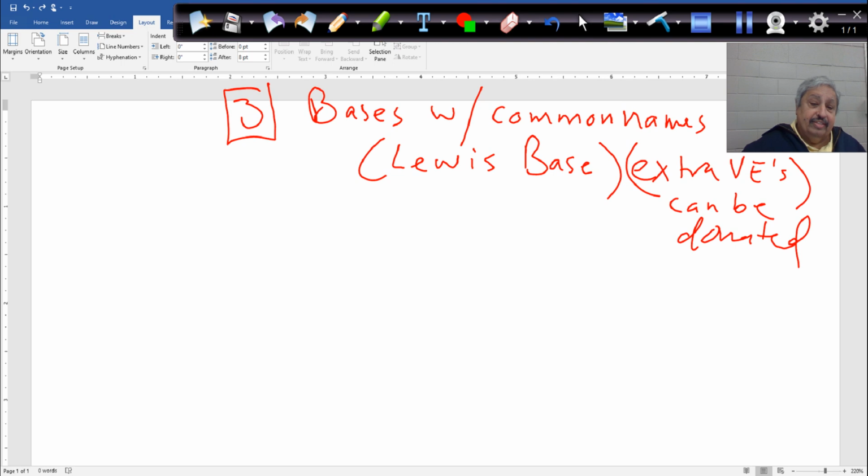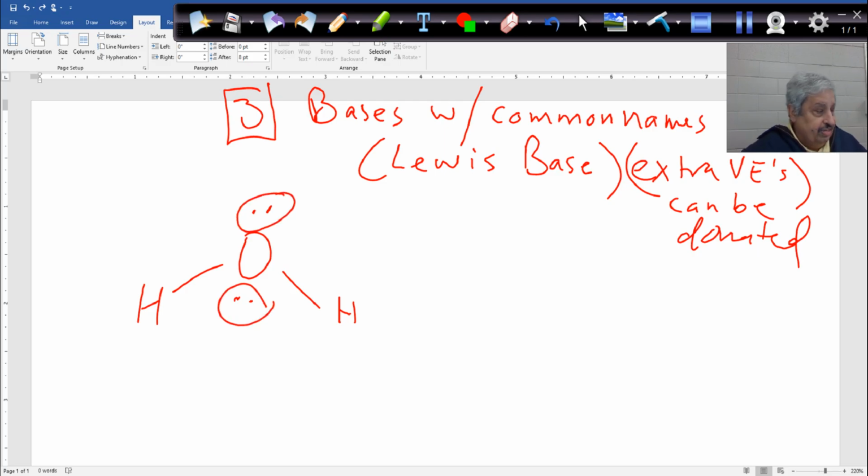So such as, just to show you how they look like. This is a base too, because although it's amphoteric, it's a base. H2O is a base. So what you can tell common name for it, that's just H2O. You say that's just dihydrogen oxide, or just water.